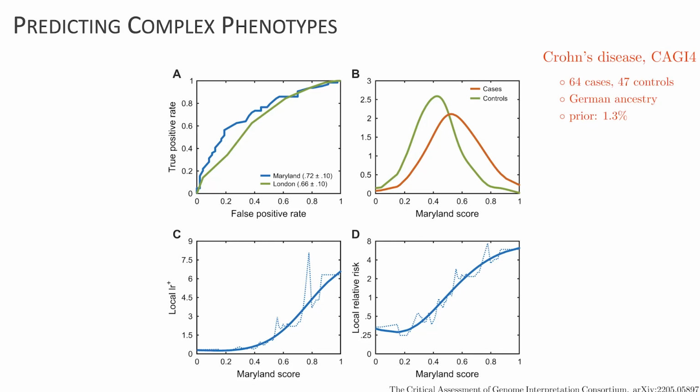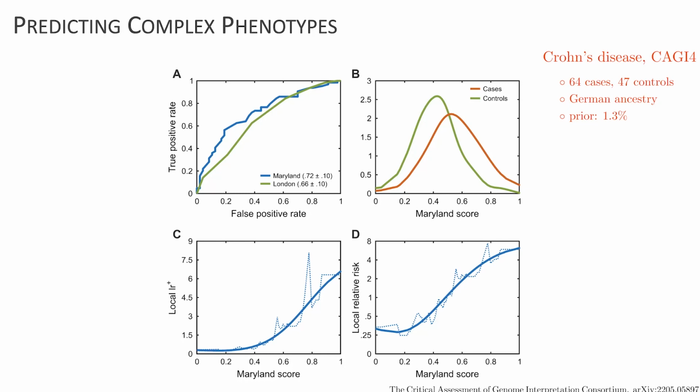The goal was, given these exomes, can the predictors say which of these individuals had Crohn's disease? This was one of the 3 Crohn's challenges in succession, where the first 2 always had some kind of problems, either with population structure or batch effects. And this was a challenge in which we are unaware of any problems of that sort. It doesn't mean that they don't exist, but we have not found them yet.